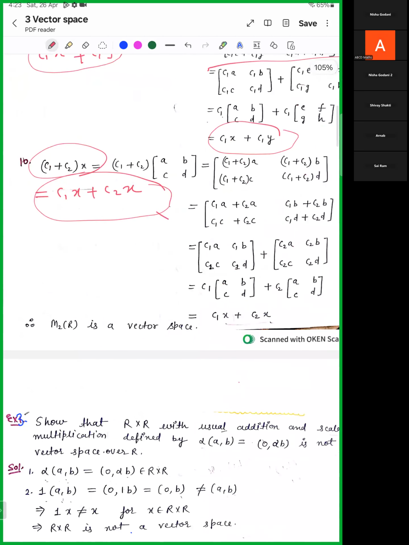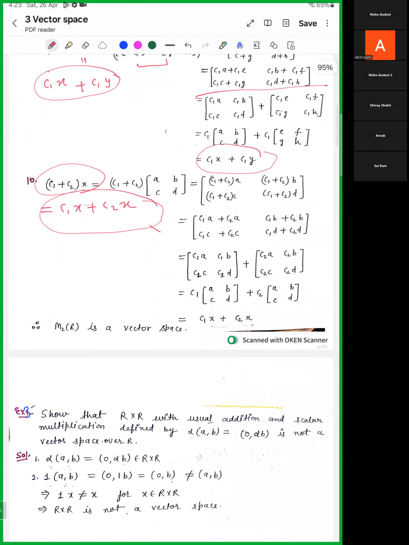Is it clear to all? Is it clear? Okay. What about you, Sairam?